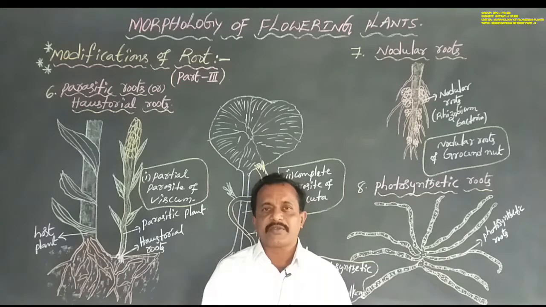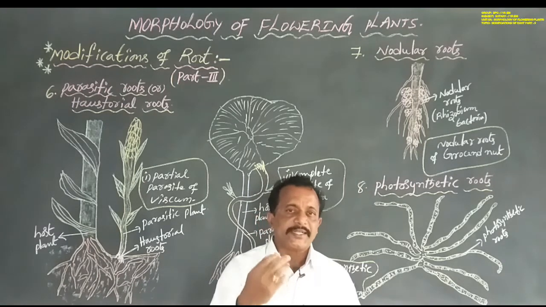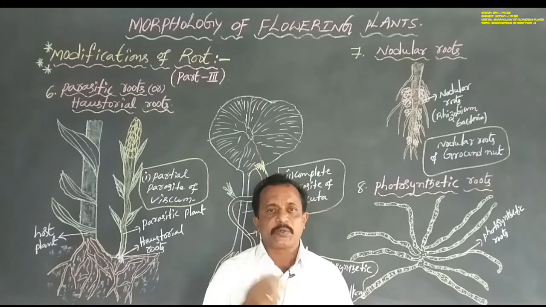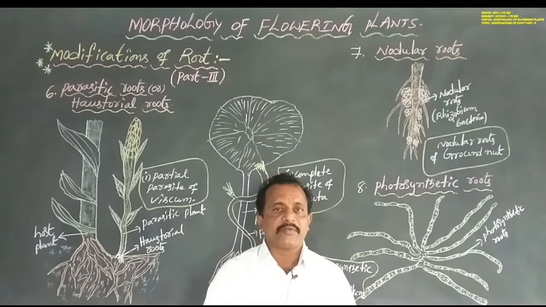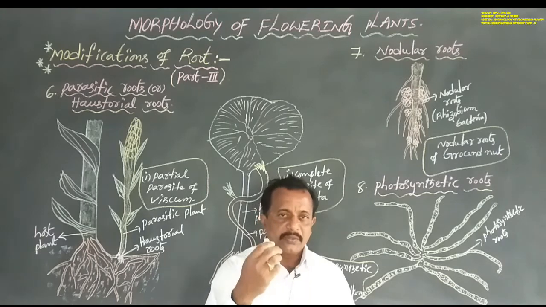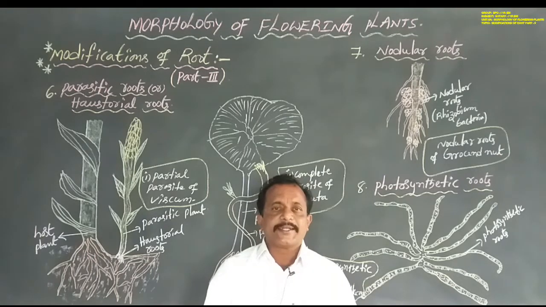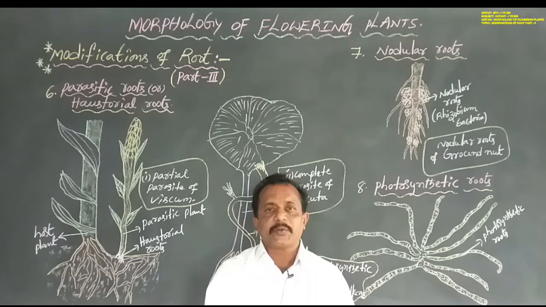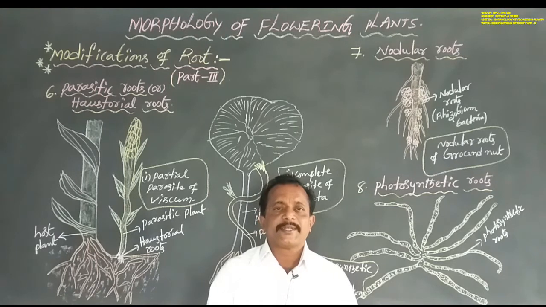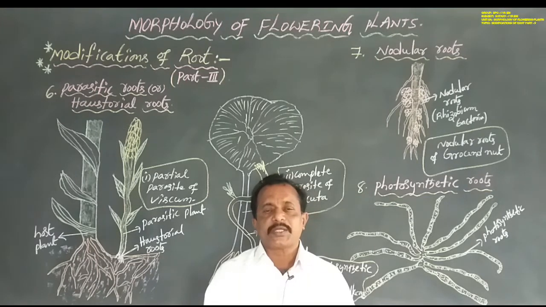Third type, stilt roots or brace roots. Fourth type, respiratory roots or breathing roots. Fifth type, epiphytic roots or velamen roots.